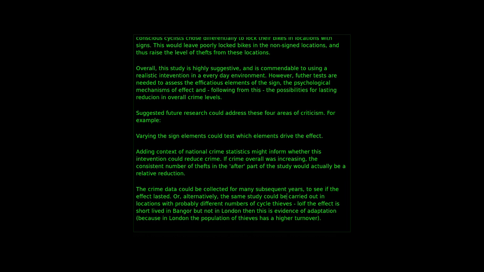Or alternatively, the study could be carried out in locations with probably a low number of cycle thieves. It would be easiest to observe any evidence of adaptation in these circumstances.